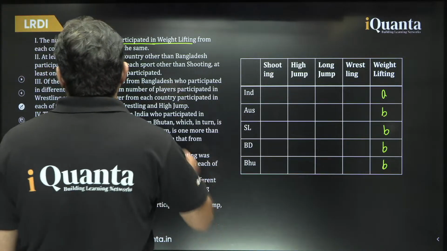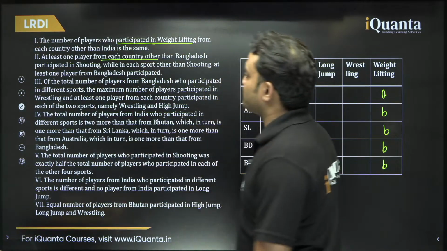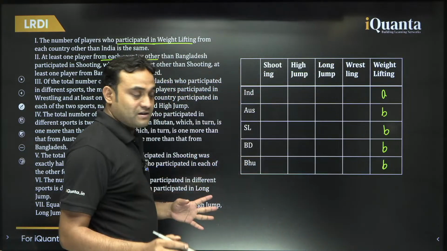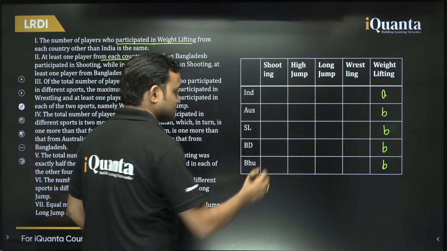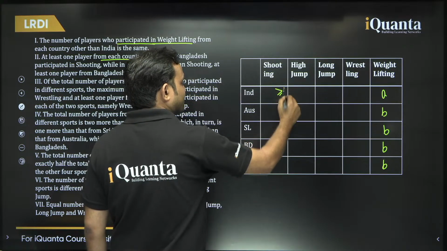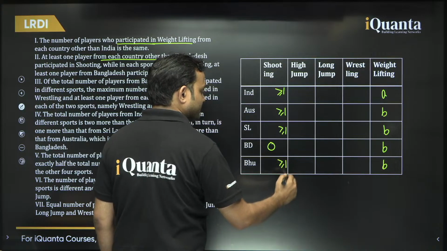Now, it says at least one player from each country other than Bangladesh participated in shooting. So, Bangladesh will be 0 players. In the rest of the countries, this value is greater than or equal to 1, at least one player.